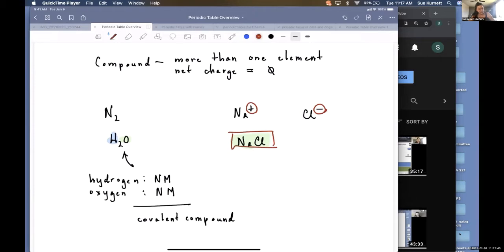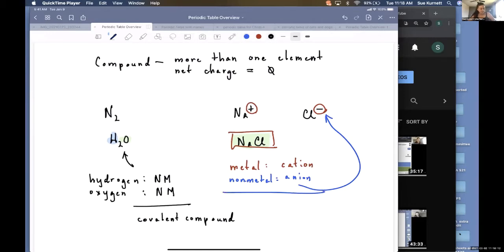And so because we have a metal, and the metal has formed a cation, and we have a nonmetal that has gained electrons to form an anion, and we put them in a ratio where they add together to 0, that is an ionic compound. It's ionic because it's made from ions.